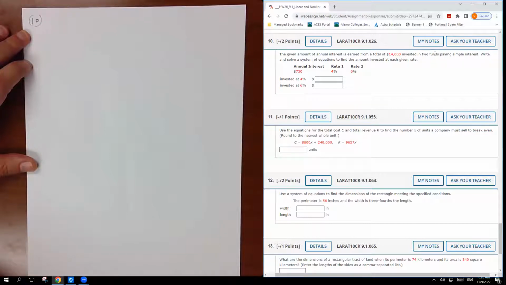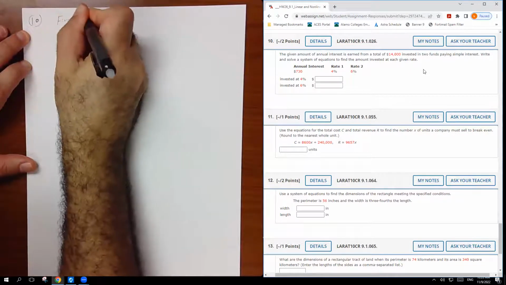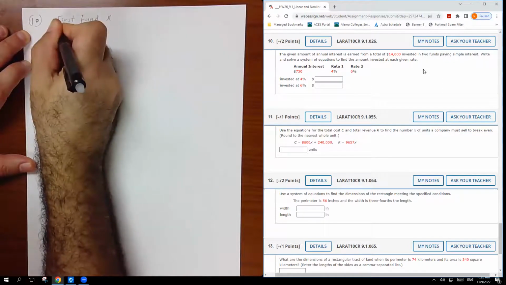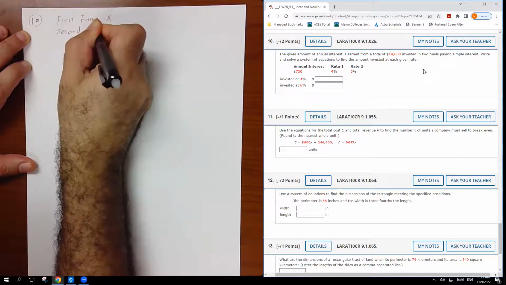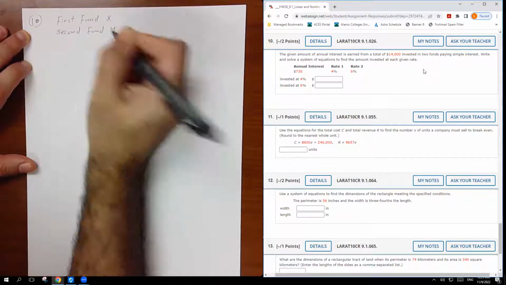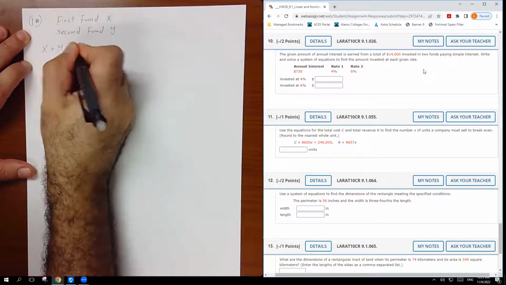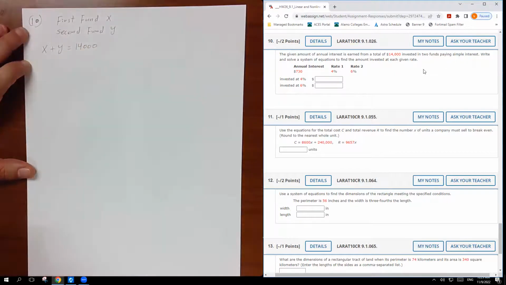So let's say the first fund is X and the second fund is Y. So that means X plus Y is going to be 14,000. This is our first equation.